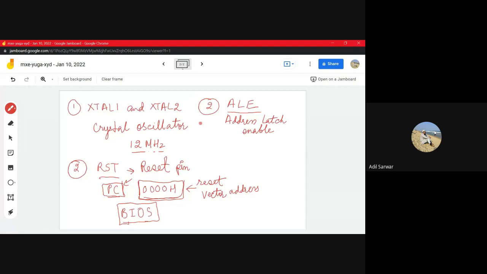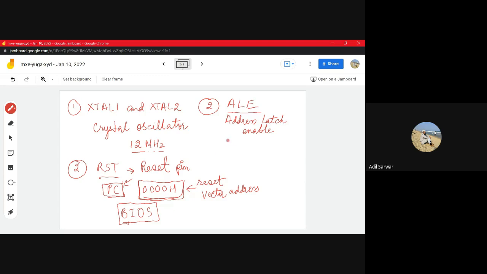It is used to enable the latching of the address. And what happens? The address bus and the data bus in 8051 are multiplexed. This is done to reduce the number of pins that are required by the 8051 IC.